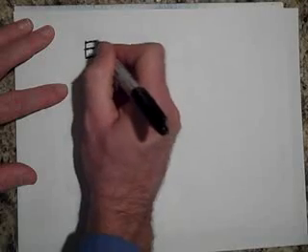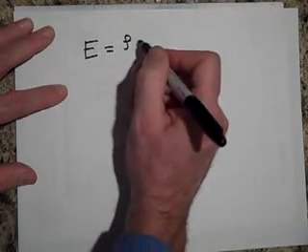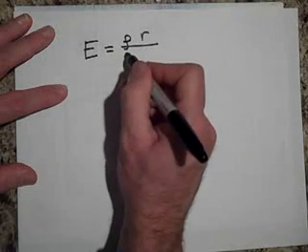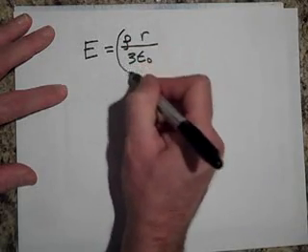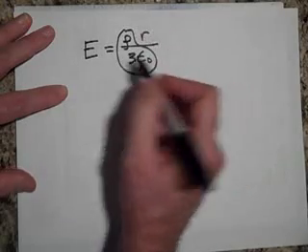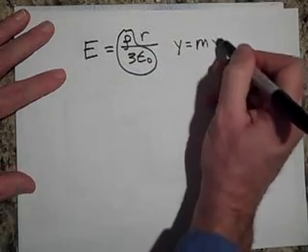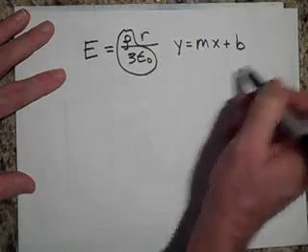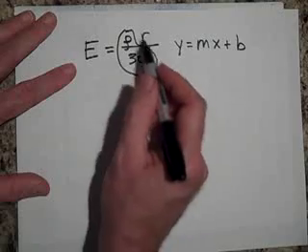If we found out that the E in there was rho r over 3 epsilon naught, so that's like the equation y equals mx plus b, but b is 0. There is no b-intercept. So that's the slope of the graph.